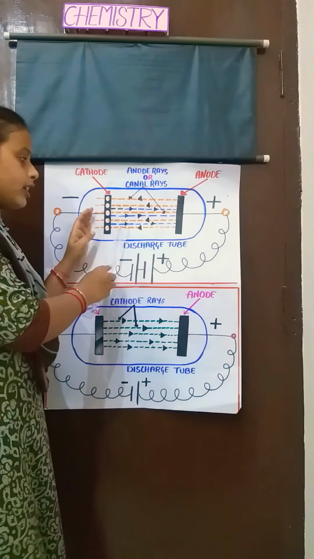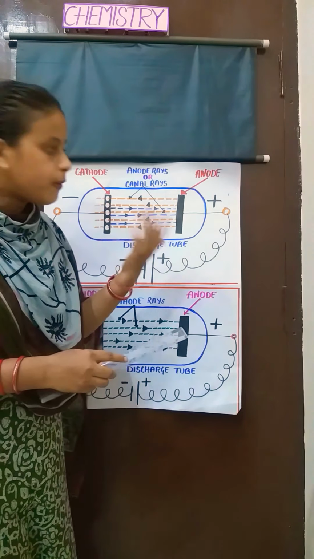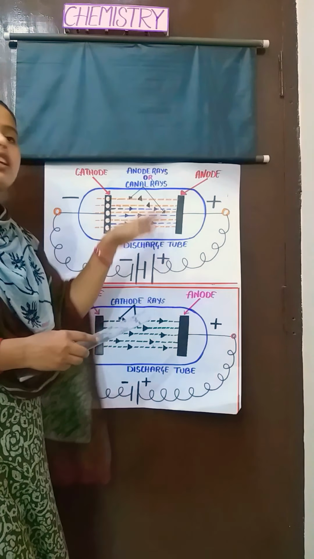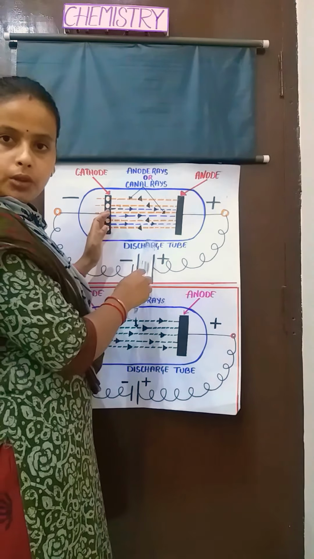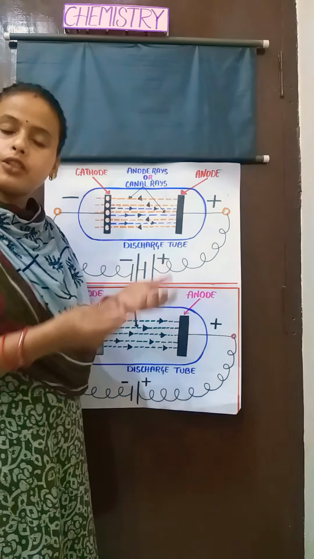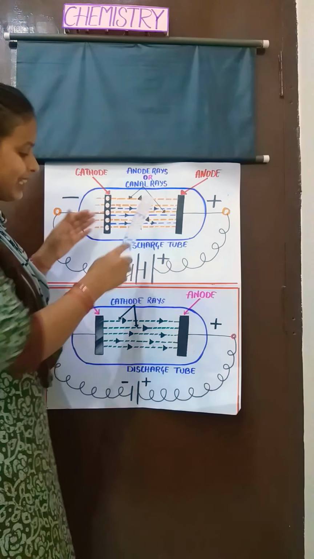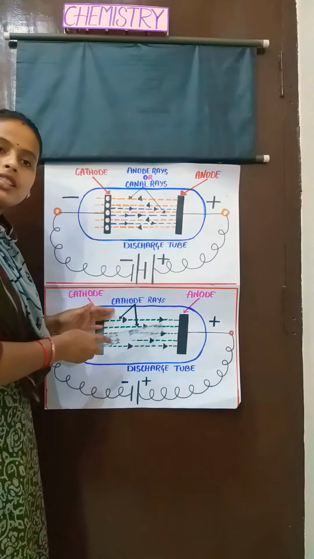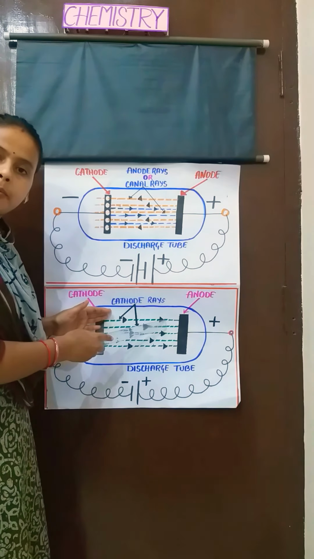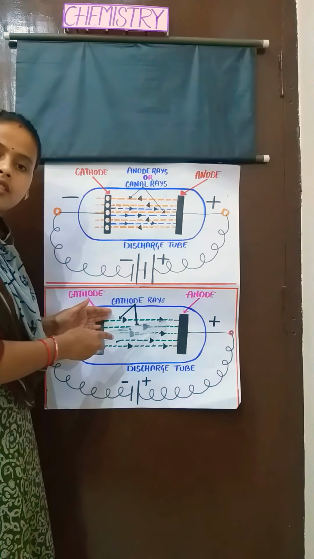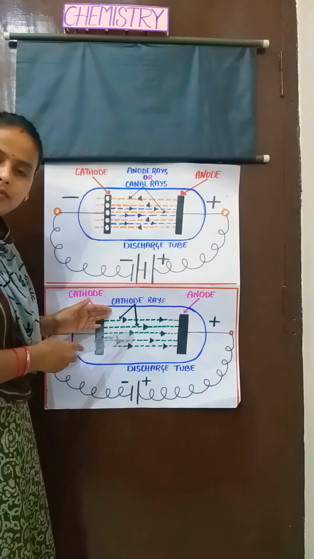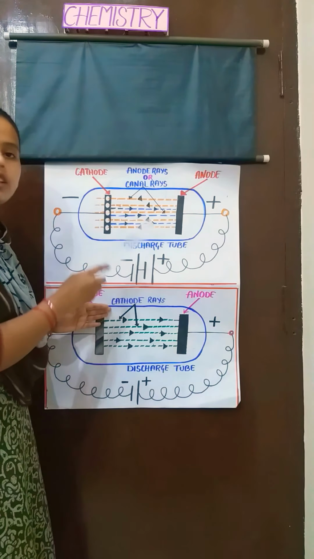Different gases produce different anode rays, containing different types of protons having different mass and different charge. But in the case of the electron, the mass and charge are the same for any gas. So this is the difference between these two.